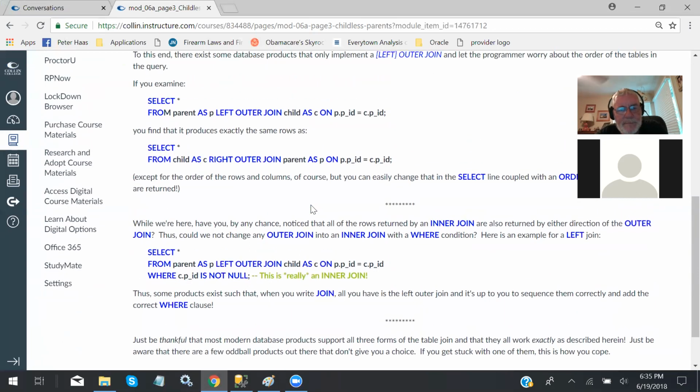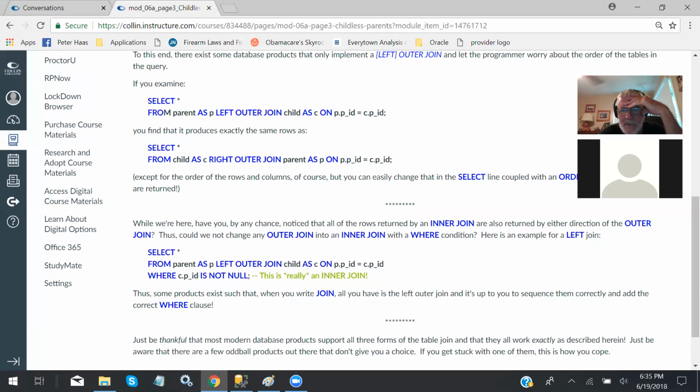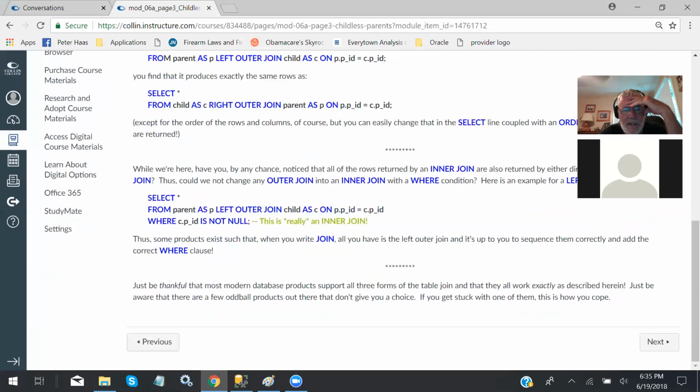There are some products that do not have a right outer join, and so you have to put the one you want on the left, your target for all of them, but modern ones today have a left and a right.